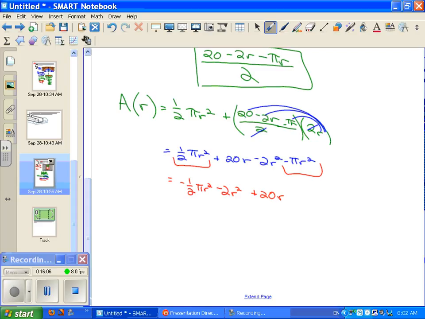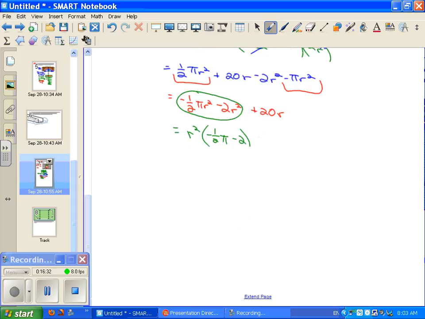Now here might be the tricky part, because I still want this to look like a quadratic so that I can plug it into the opposite of b over 2a thing. These two have an r squared in common. If I pull that out of those two, what am I going to be left with? Here, negative 1/2. And here, negative 2. So what I've got is negative 1/2 pi minus 2. Pi is just a number, so this is just a coefficient to r squared plus 20r.